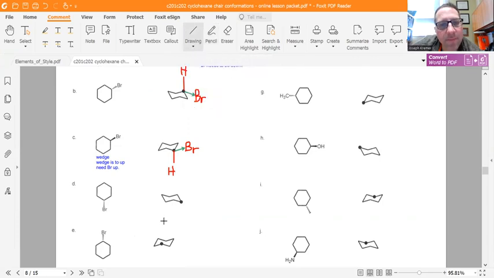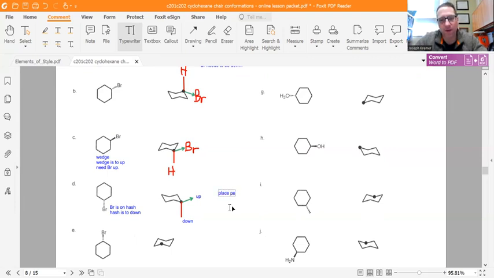Same game here. Same peg chip. This time, bromine is on a hash. Hash is down. Input the axial and equatorial positions. Decide which one's up. This is up. This is down. How do I know that?